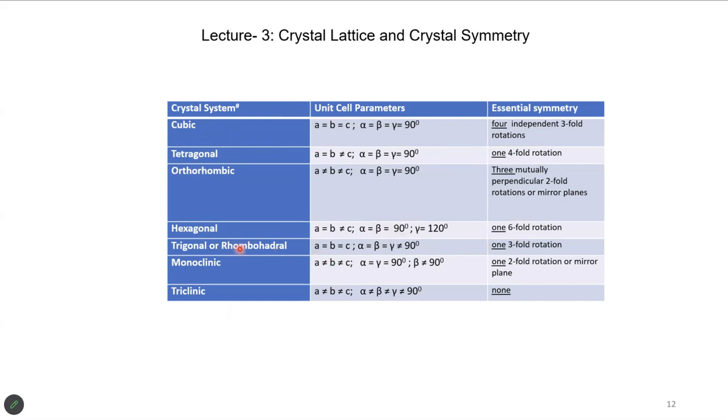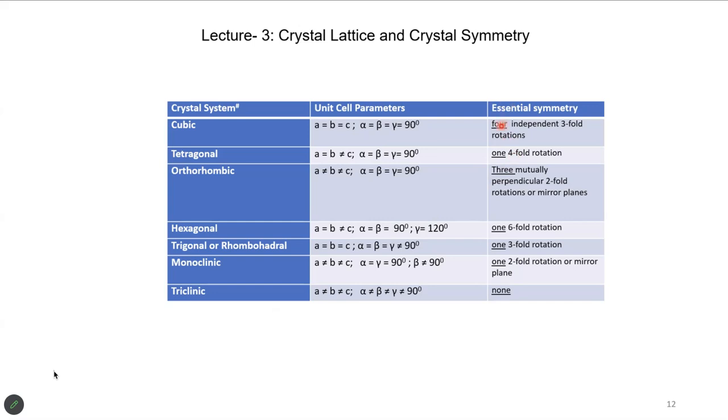For trigonal or rhombohedral, one 3-fold rotation, as well as these cell parameters. Monoclinic, one 2-fold rotation or a mirror plane. And for triclinic, as all parameters are not identical, none of the parameters are identical, we do not have an essential symmetry for the triclinic crystal system.